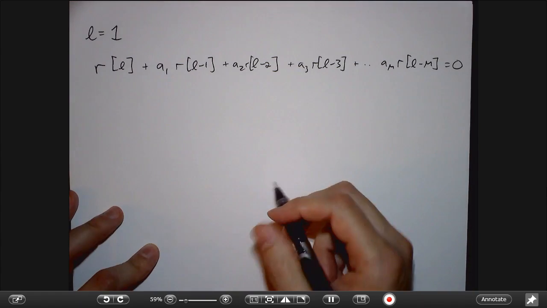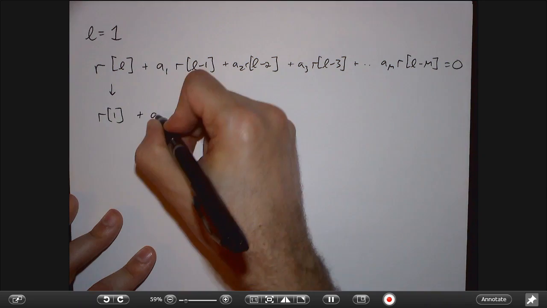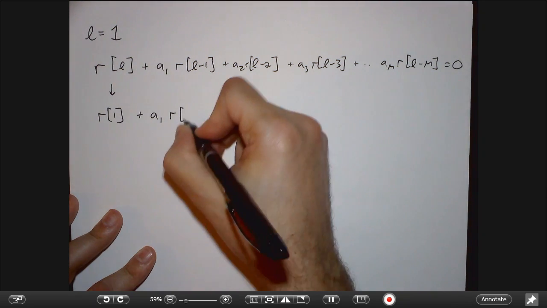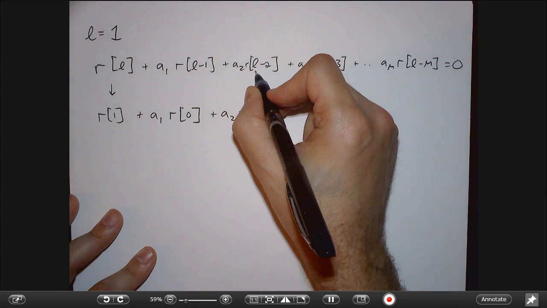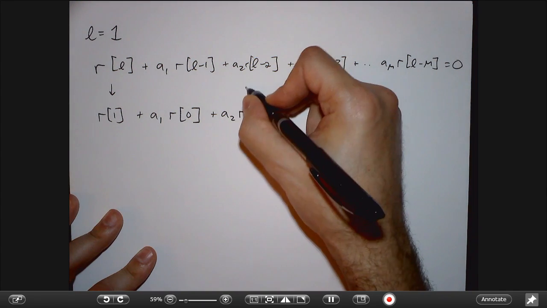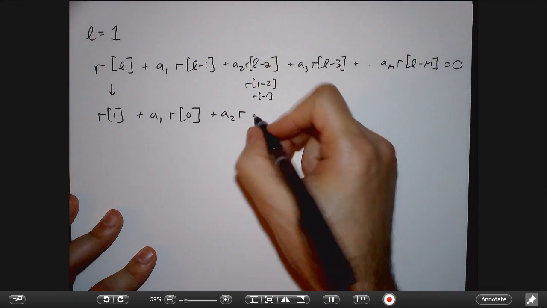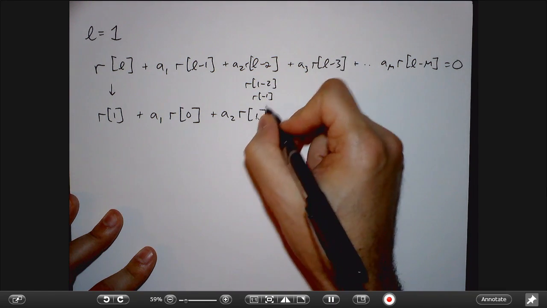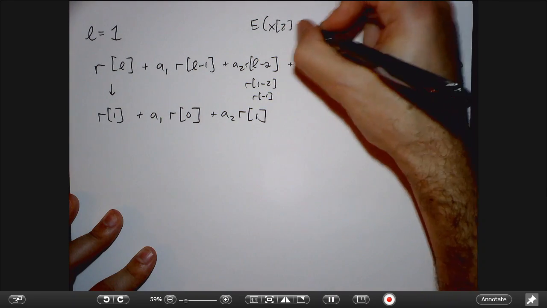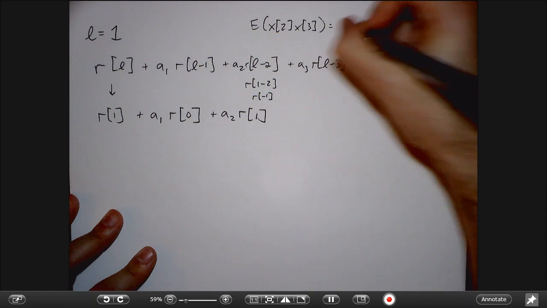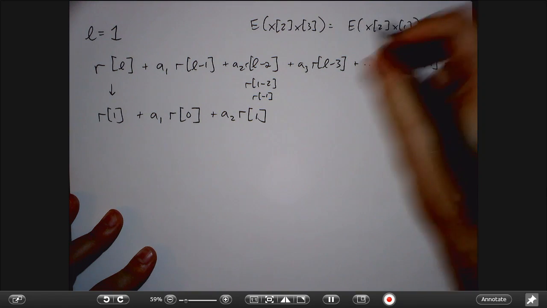Right, so L equals 1 means that I have R of 1 plus A1 R of 1 minus 1 is 0 plus A2 R of, what is R of 1 minus 2, is R of negative 1, right? But I've defined this in such a way that R of negative 1 is the same as R of positive 1, right? Because, for example, the expected value of x2, x3 is going to be the same thing as x2, x1. Really, the only thing that matters is the difference.